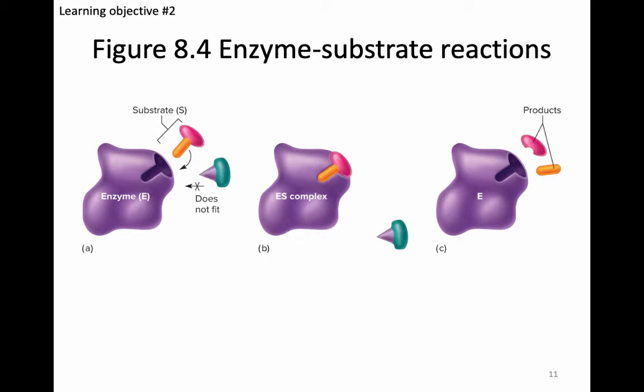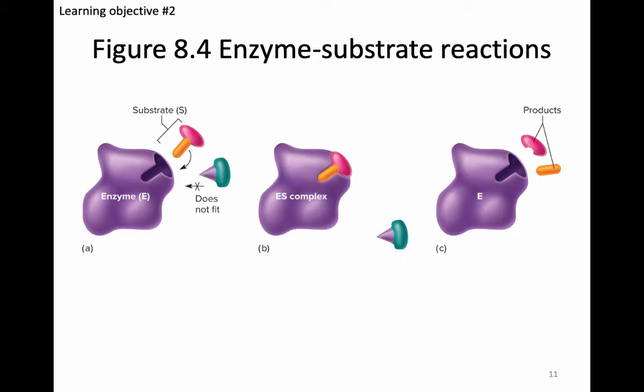So this particular enzyme has an active site that fits this particular substrate, which is labeled S. You can see there's another substrate that looks like a shark's tooth, and that substrate will not fit into the enzyme active site. So this enzyme is specific for this one substrate, which is going to be formed into some specific product.